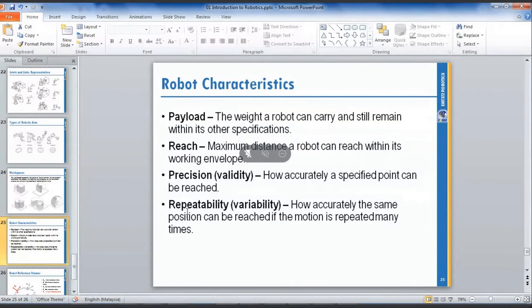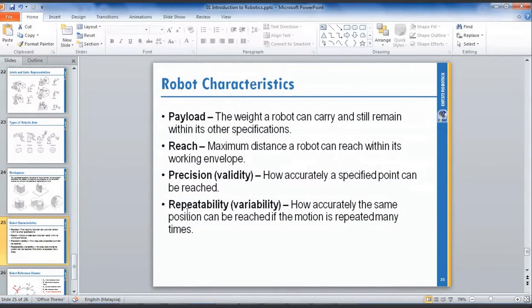If your robot cannot put the object at exactly the same point A or point B after 100 times, that means your robot has low repeatability.